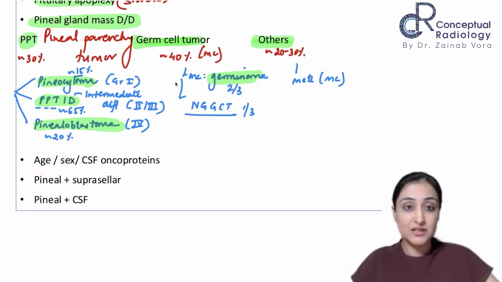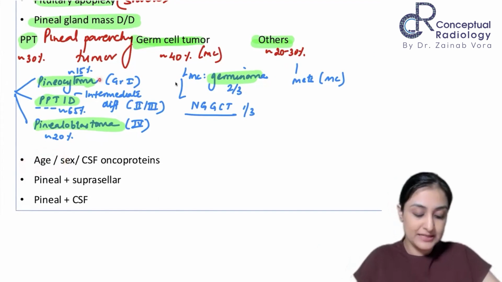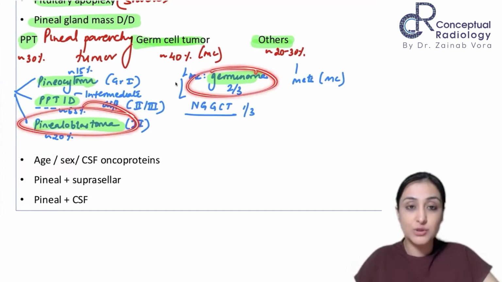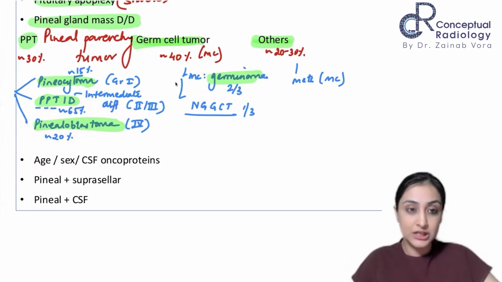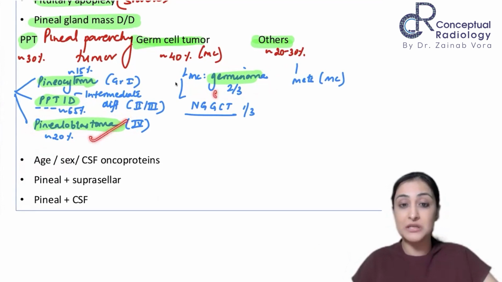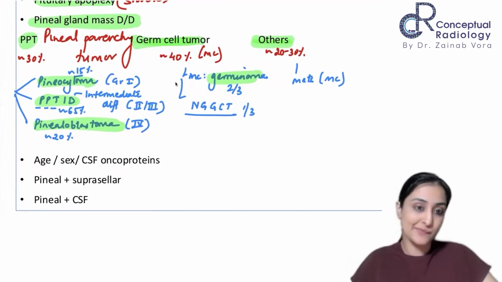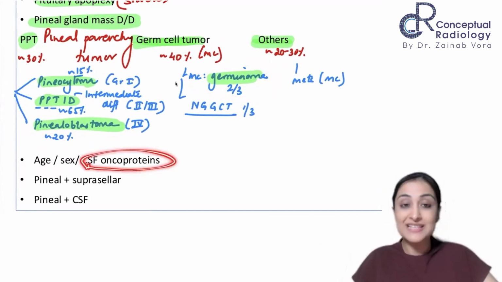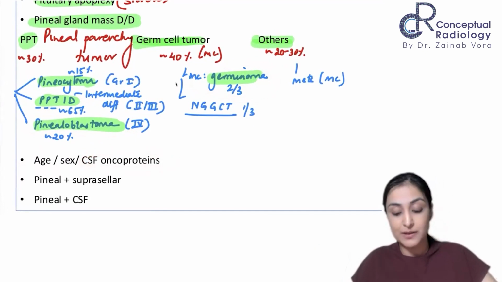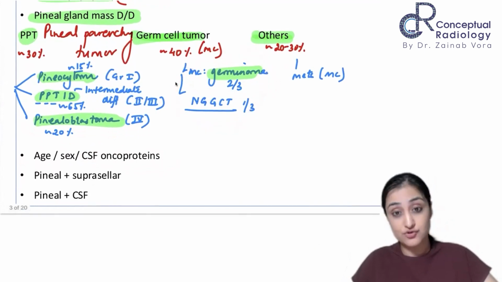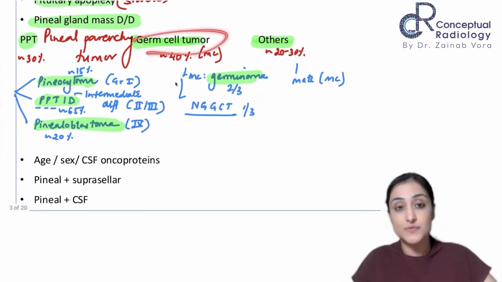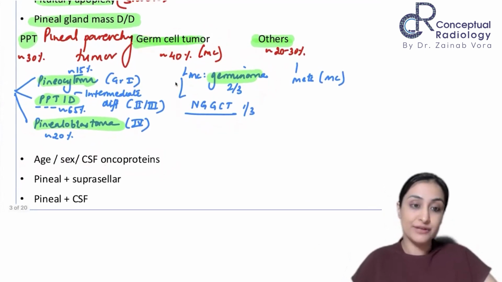There is a clear-cut demarcator: pineocytoma and PPT-ID usually occur in middle-aged adults, whereas pinealoblastoma and germinoma occur in younger patients, germinoma particularly in adolescents. That's important. CSF oncoproteins, meaning your tumor markers, become very handy in the diagnosis of germinomas and other germ cell tumors. That again favors.